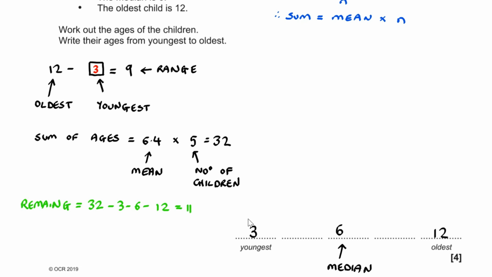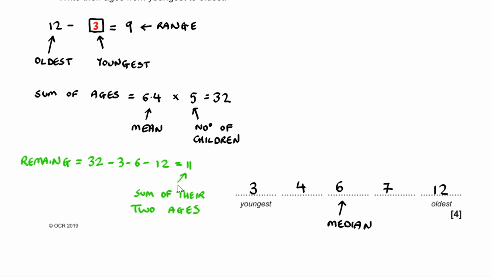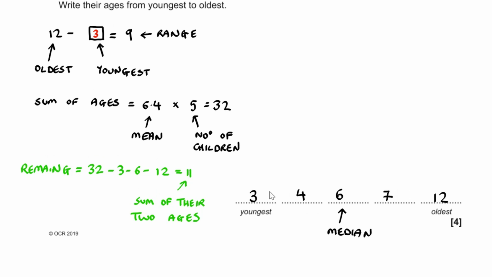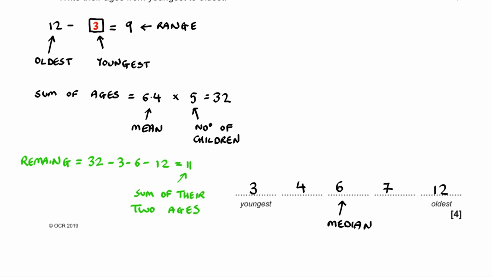So the other two children have their ages adding up to give 11, and therefore we need to find two numbers which add to give 11. We could have, for example, 4 and 7. So here, this 11 would represent the sum of their two ages. So therefore here we have a possible combination of their ages.